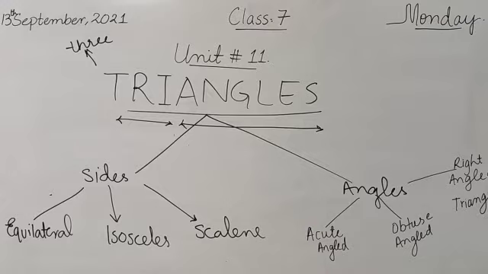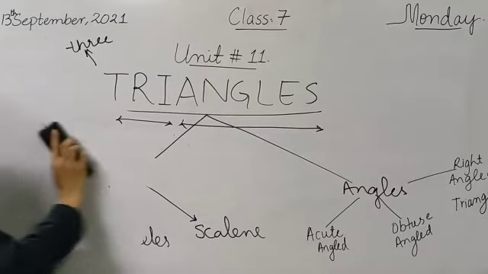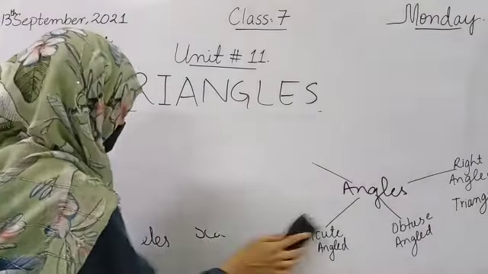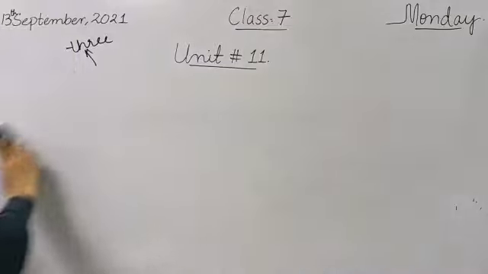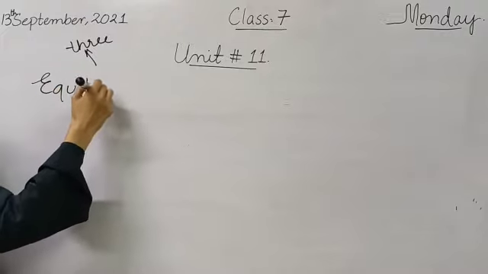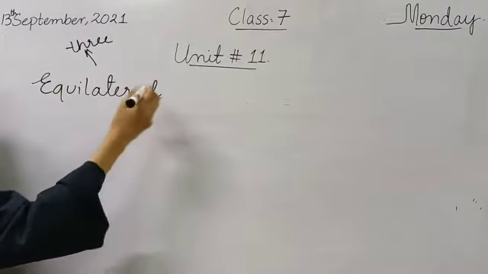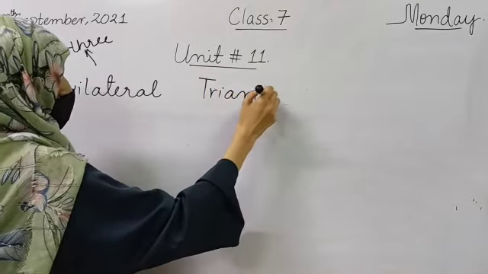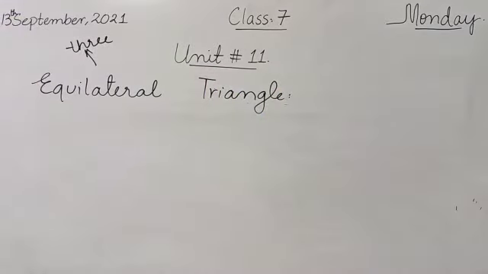So now what is an equilateral triangle, what is an isosceles triangle, and what is a scalene triangle? I'll define one by one. The first one is equilateral triangle. What is an equilateral triangle?